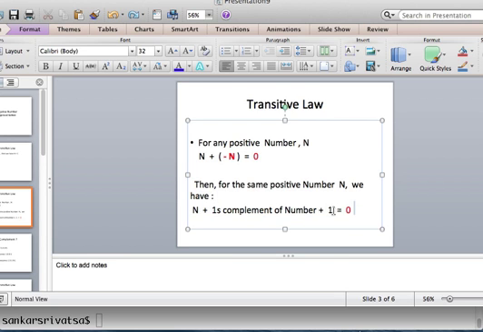Once we are happy with this equation, because this is 0 and this is also equivalent to 0, we'll prove that this equation is equivalent to the other equation. What is a 1's complement number is the next question.